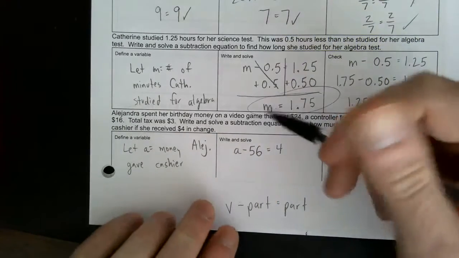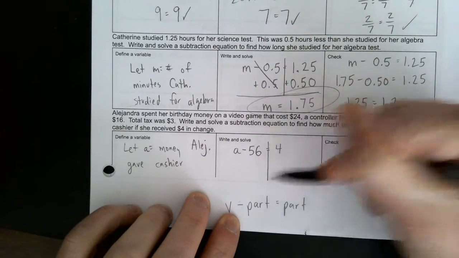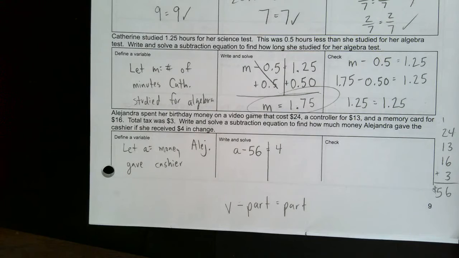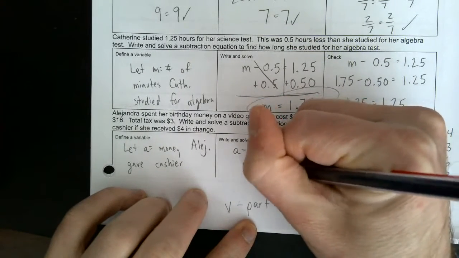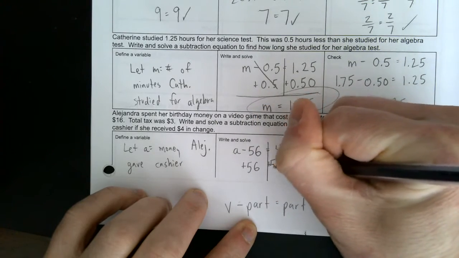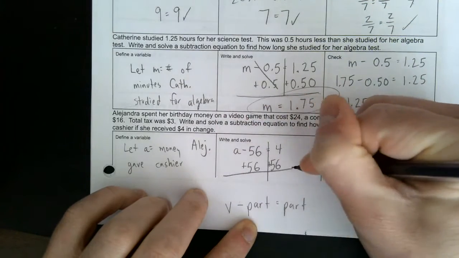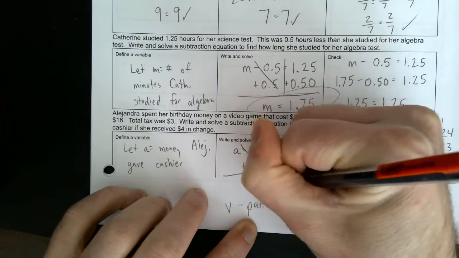So that's a subtraction equation that will help us find how much she gave. All right, so we'll do our little barrier here. We're going to have to add 56 to take it away from the A.